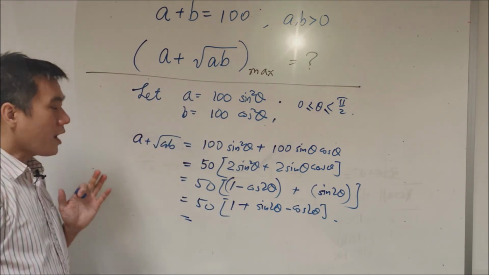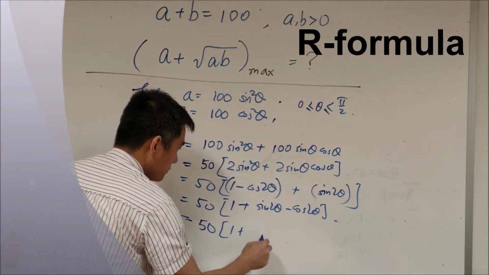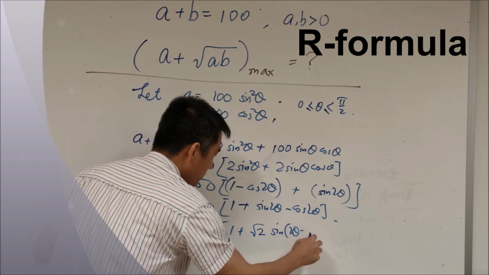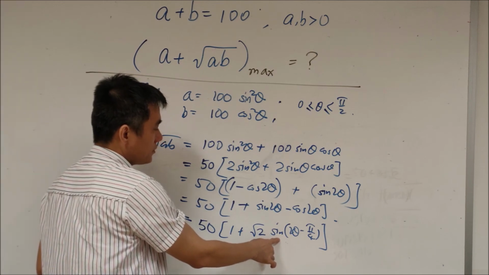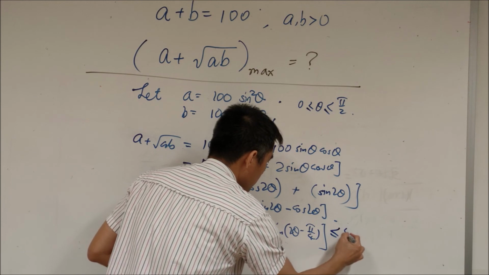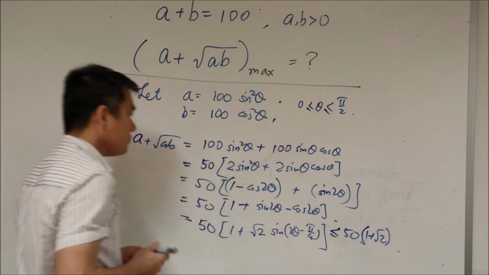Using our formula, this equals 1 plus square root 2 sine (2 theta minus pi over 4). Because sine is not more than 1, this expression will be not more than 50 times (1 plus square root of 2).